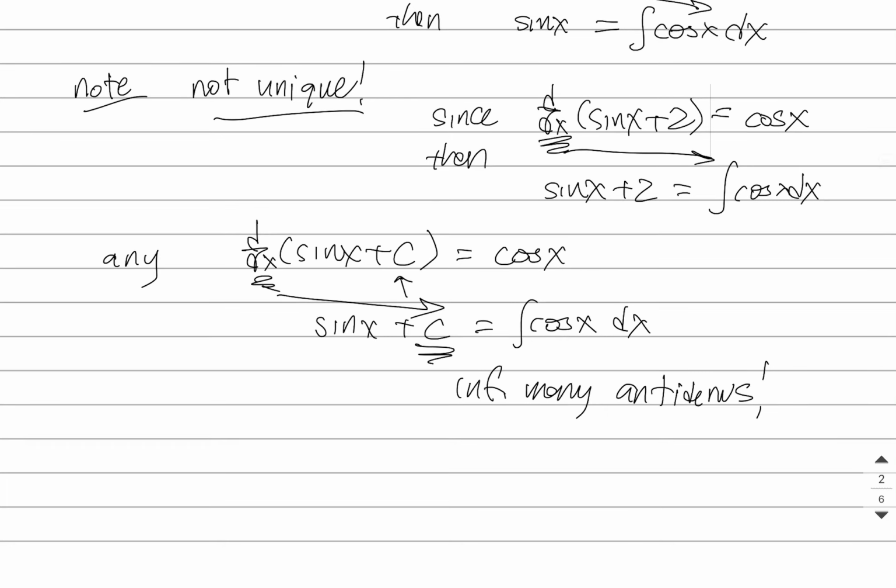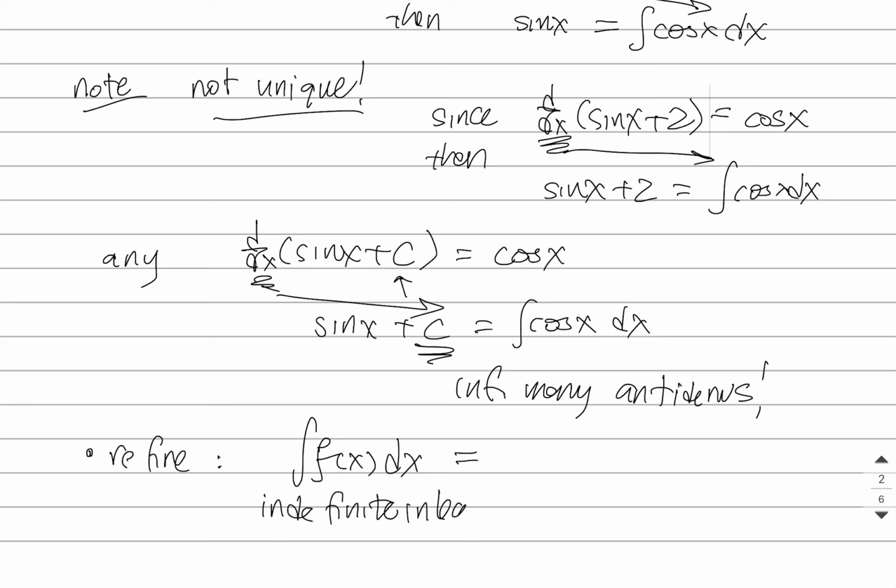So we're going to refine this symbol. When we put this stretchy s here, we are going to say that this is an indefinite integral. I prefer to call it antiderivative because I think it'll help keep things straight for you.